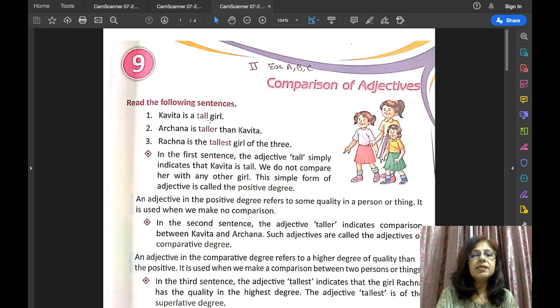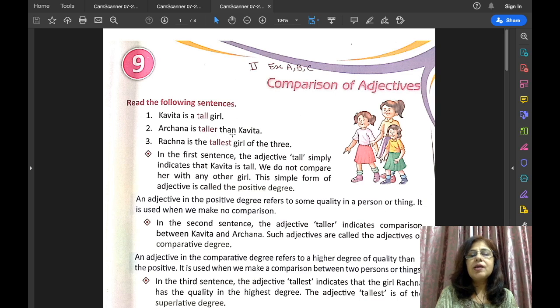So, this simple form of adjective is called a positive degree. There is no comparison between any two things or more than two things or persons.